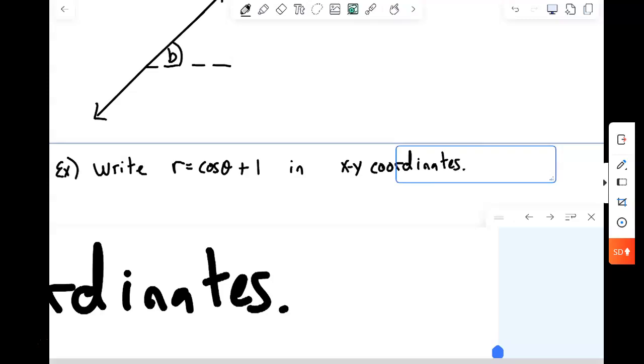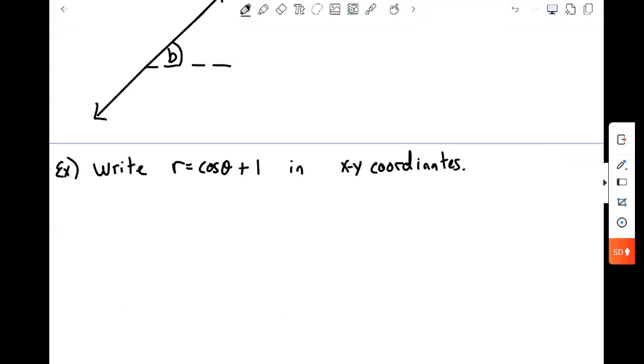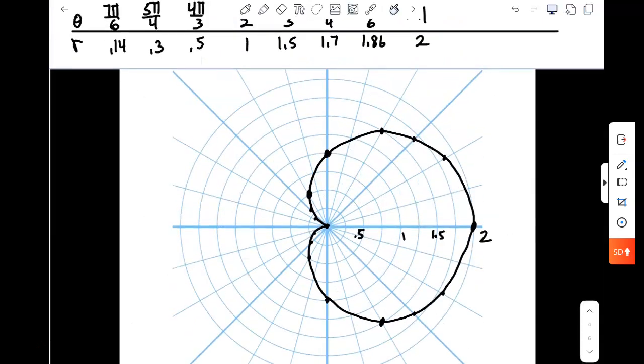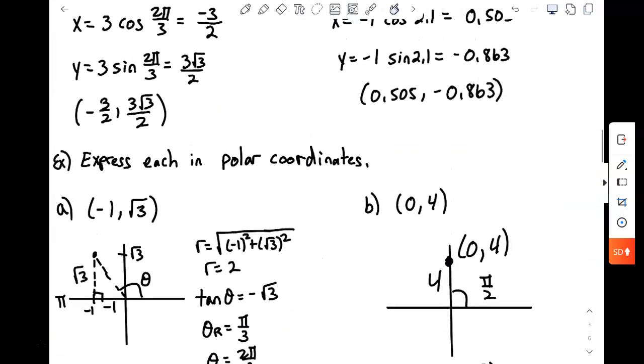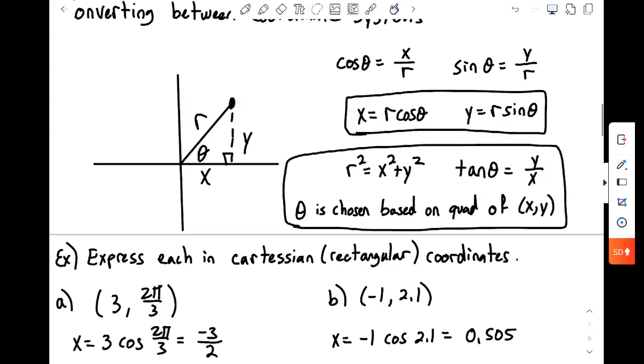To go from r theta form over to xy form, remember, it is based on this idea: if I have an r squared, I can replace that with x squared plus y squared. If I have an r cosine theta, I can replace that with an x. If I have an r sine theta, I can replace that with y.